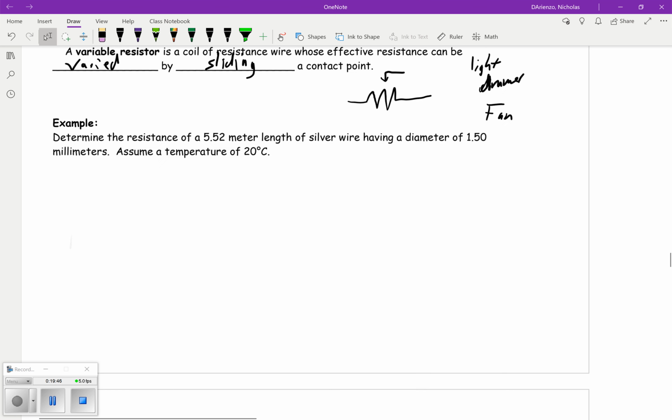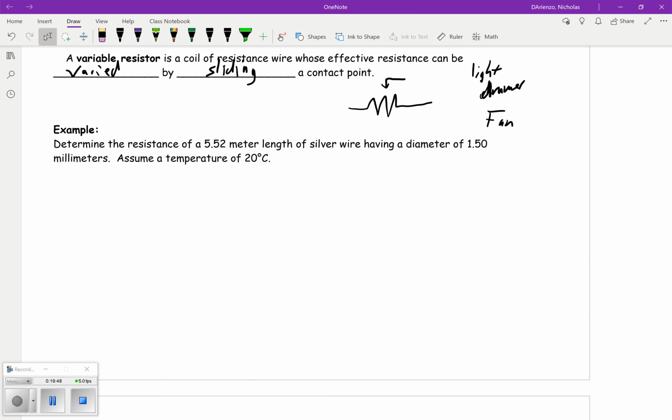Now we'll do a little example here. Finding resistance of a conductor. Now we're looking for the resistance of a 5.52 meter length of silver wire having a diameter of 1.5 millimeters. We'll assume a temperature of 20 Celsius. So we know the length of the wire is 5.52 meters.